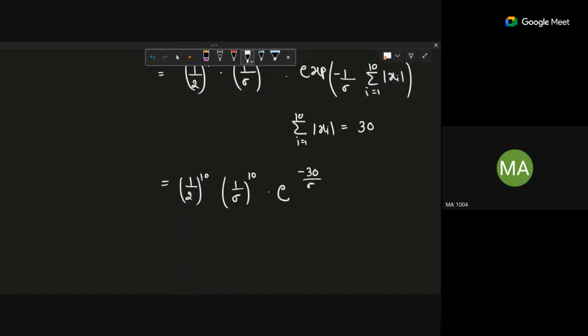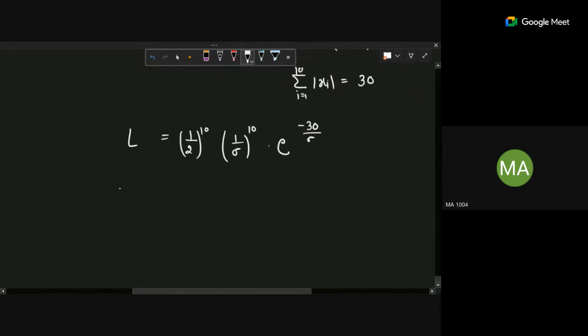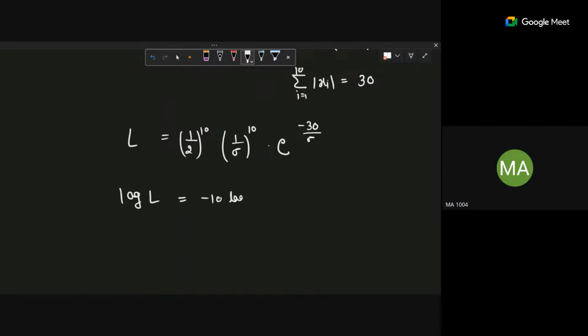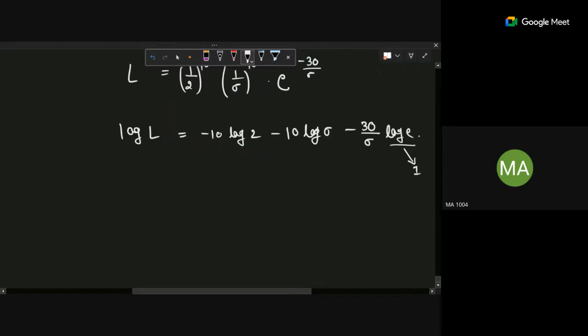Fine. Now, what's the next step? Take the log on both sides, right? So log of L will be minus 10 log sigma, and minus 30 by sigma log e. Again, this log e is going to be 1. Okay, fine.